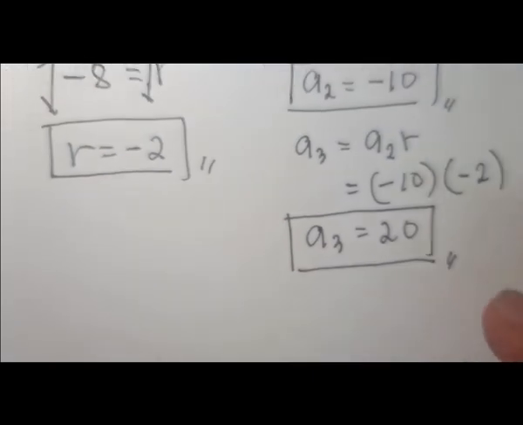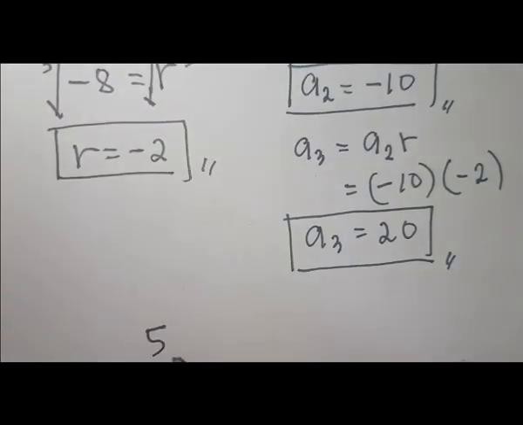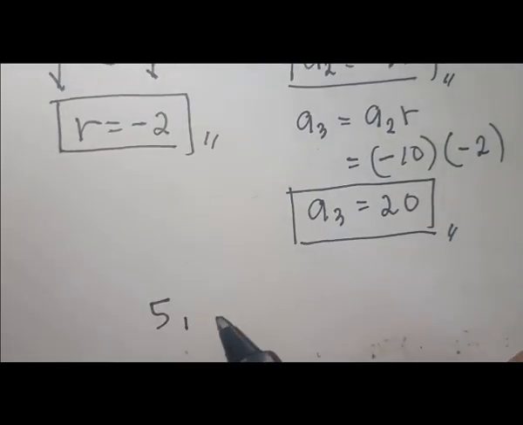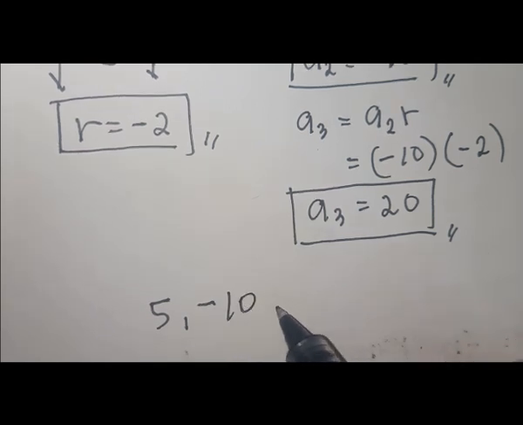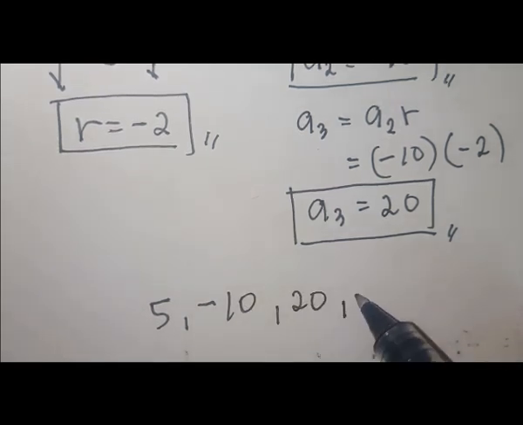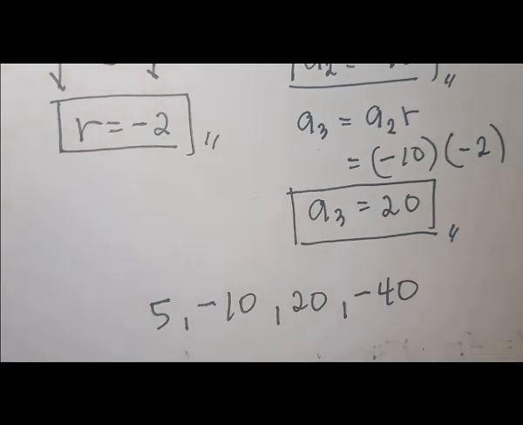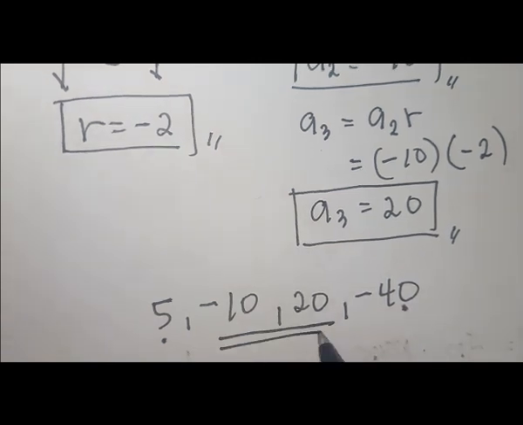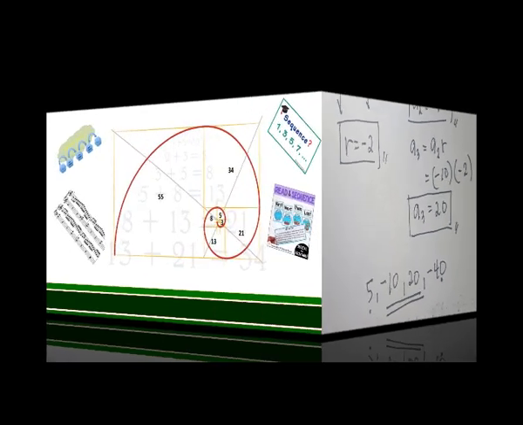Okay. So, yung sequence na meron tayo ngayon ay 5, negative 10, 20, and negative 40. So, the two geometric means between 5 and negative 40 ay negative 10 and positive 20.